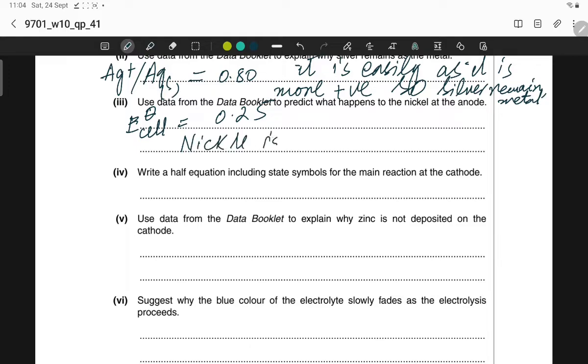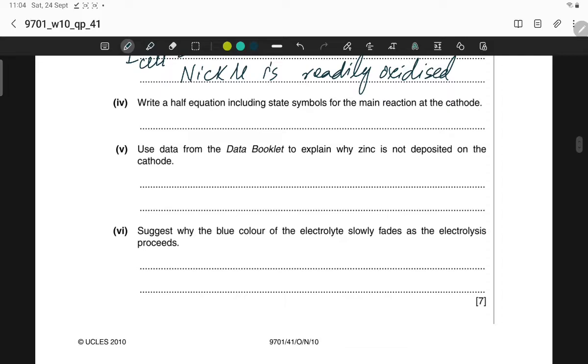Nickel is readily oxidized, as it is less positive than copper. Write the half equation, including state symbols, for the main reaction at the cathode. Copper ions discharge at the cathode after gaining 2 electrons to form copper solid.